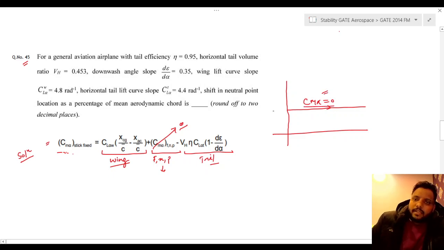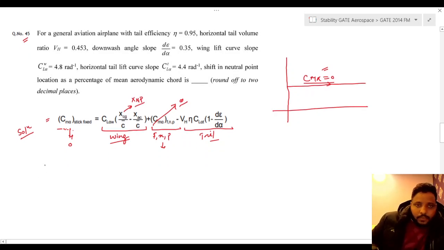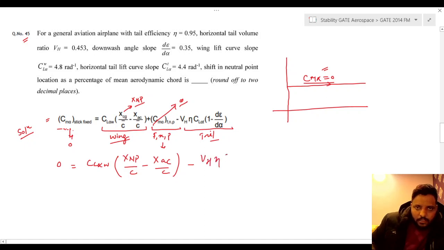If I apply this definition in this equation, the left side becomes 0, and the CG location is replaced by the neutral point, denoted by XNP. Rewriting this equation, I get CL alpha W times (XNP by C minus XAC by C) minus VH eta CL alpha T times (1 minus d epsilon by d alpha).